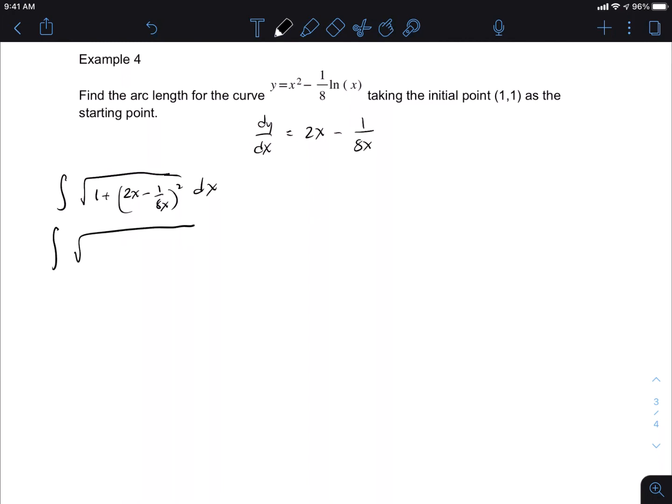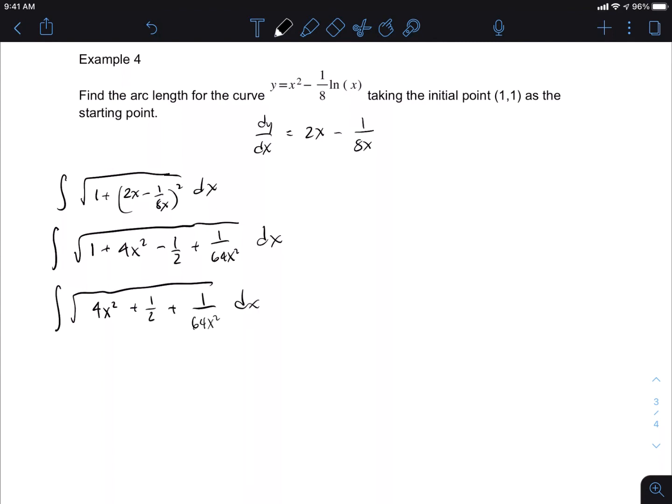Then I'll clean this up to be 1 plus 4x squared. The x's are going to cancel, minus 1/2 plus 1 over 64x squared dx. Agreed? Agreed. Yes.